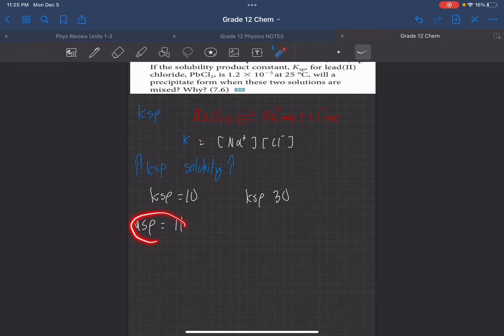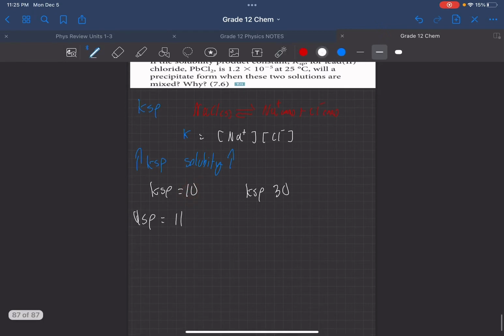And sometimes your QSP might equal KSP, but that's really unlikely, right? You're taking this at a random moment usually. So because your QSP is greater than our KSP, that means we have too many ions in this solution. So, for example, NaCl solid, that turns into Na+ aqueous and our Cl- aqueous.